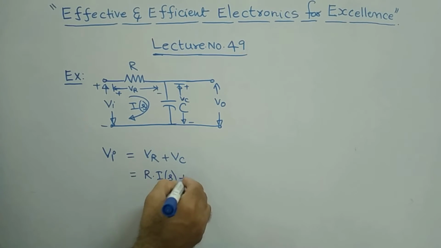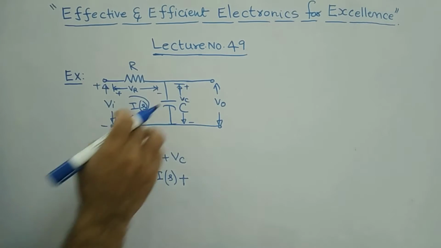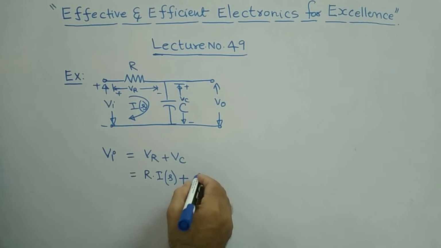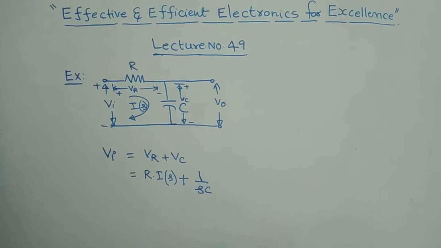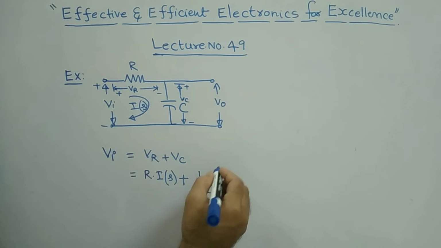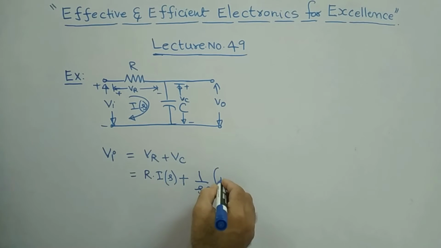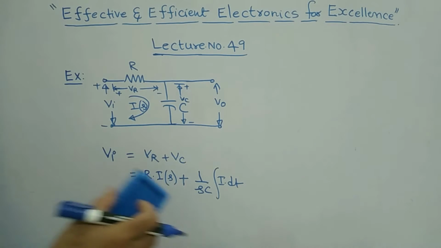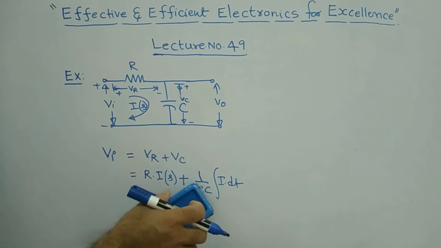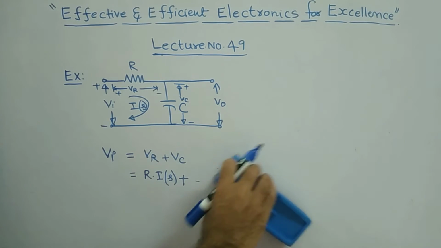Plus VC, which is the voltage across the capacitor. That is 1 by C integral of I dt.